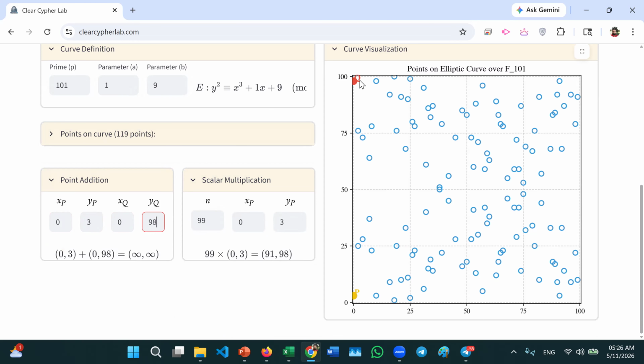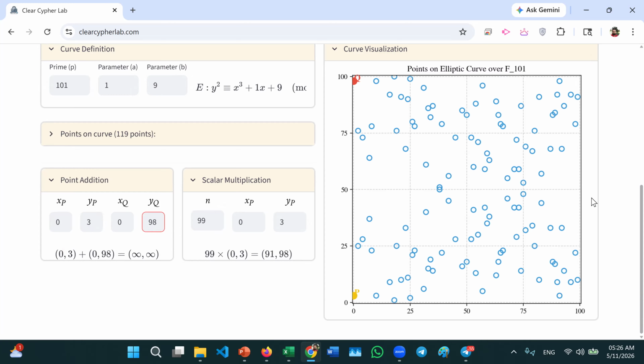So this one. For the point (0, 3), the inverse is (0, 98), because (0, 3) plus (0, 98) equals infinity. So we could find the inverse of point P here.